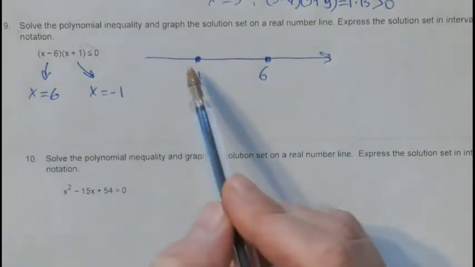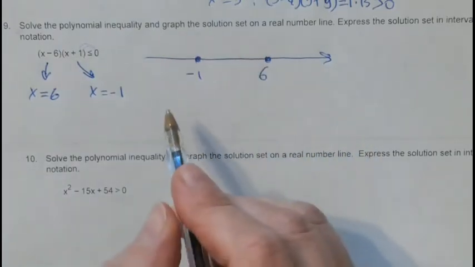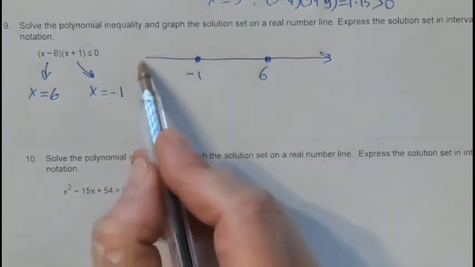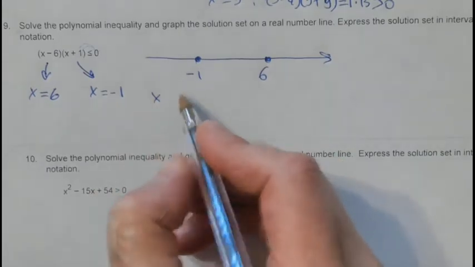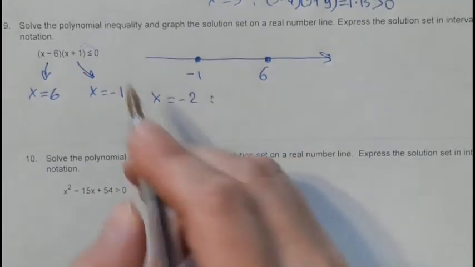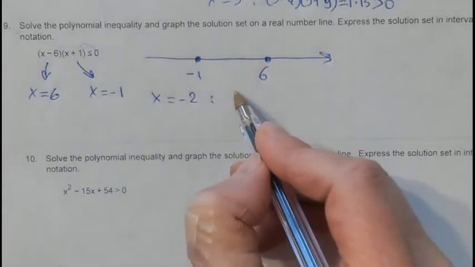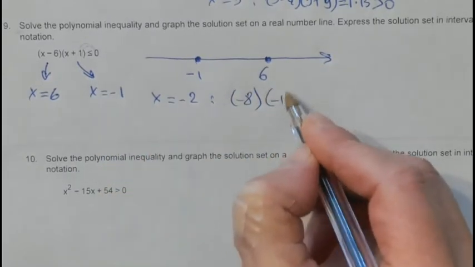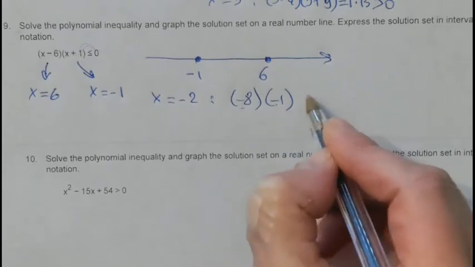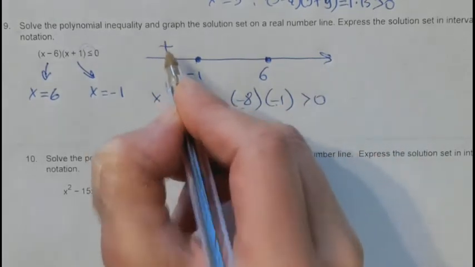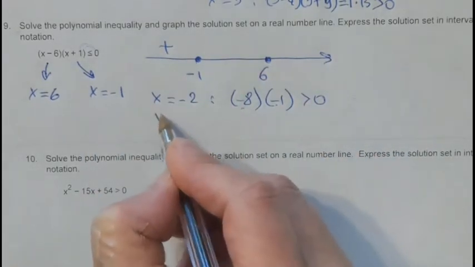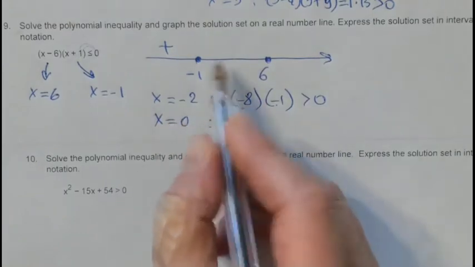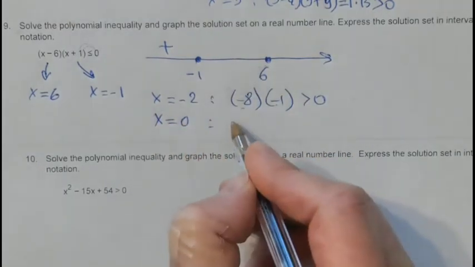Then we must pick points from each of these 3 intervals. Let us start from the left, x equals negative 2. Substitute it in the expression: negative 2 minus 6, negative 8, negative 2 plus 1, negative 1. Negative times negative will be positive. We have plus here. In the middle, let us take 0, between negative 1 and 6.